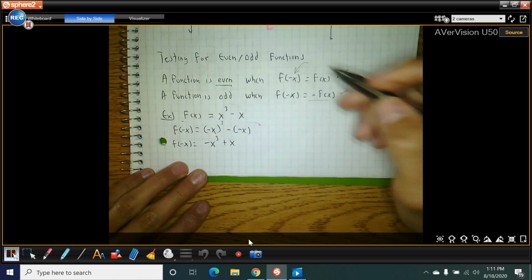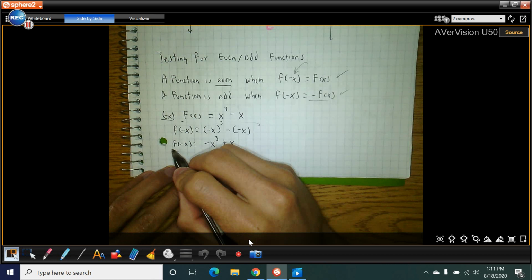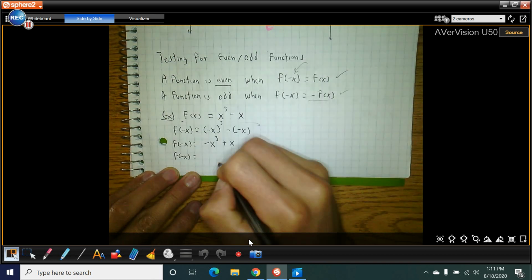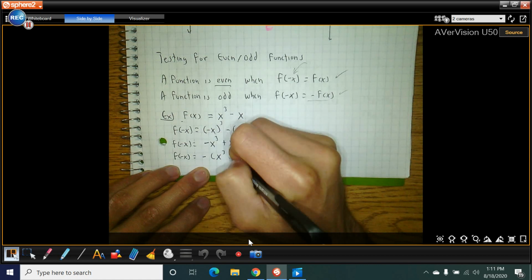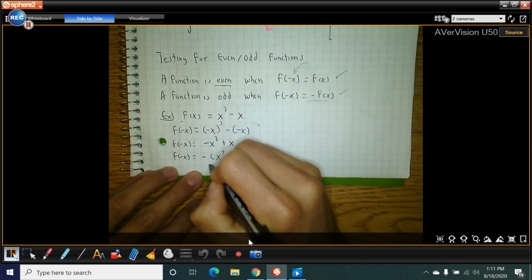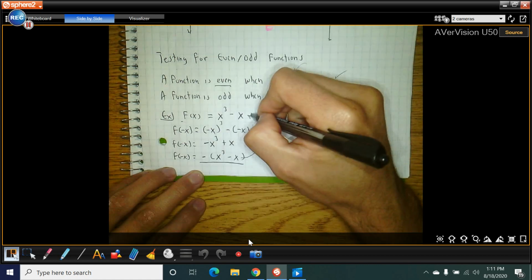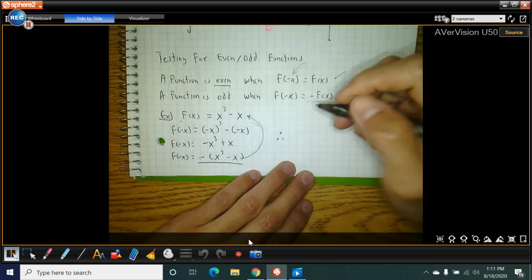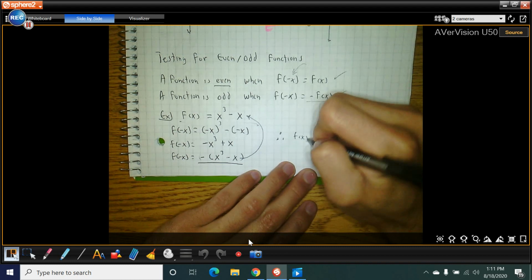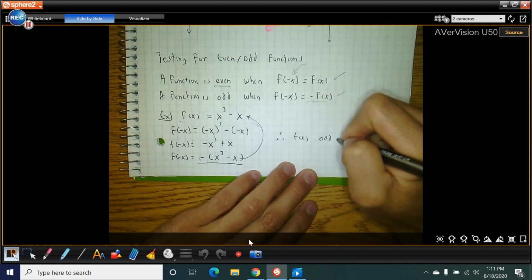What I want you to notice is, technically you don't have to write this, but if I factor out a negative from here, notice how I get back the original function, but with a negative in front. Therefore, f of x would be what we call an odd function.